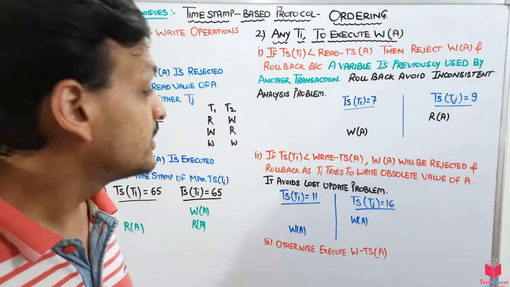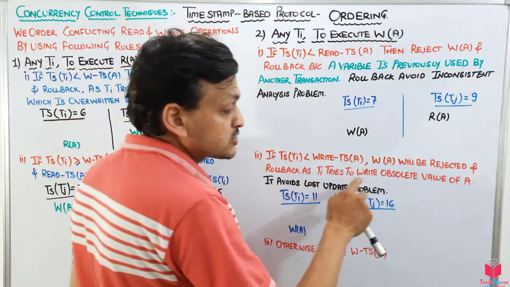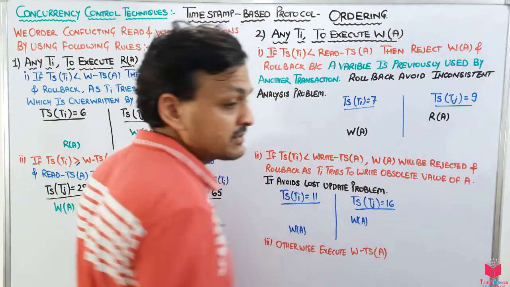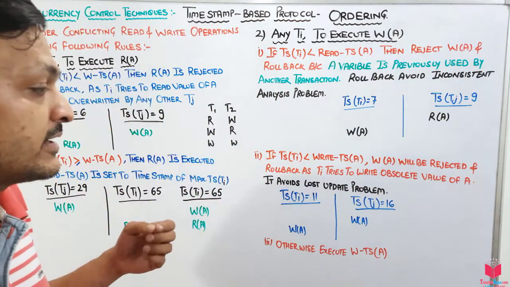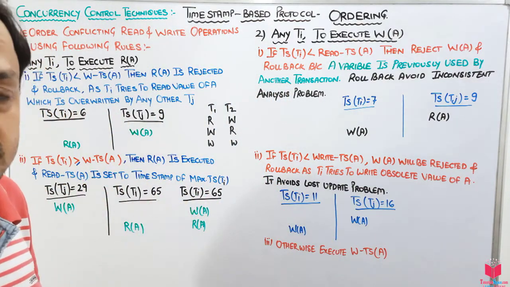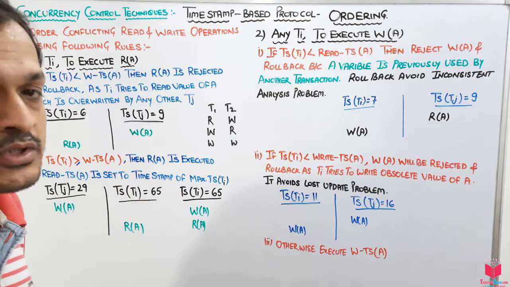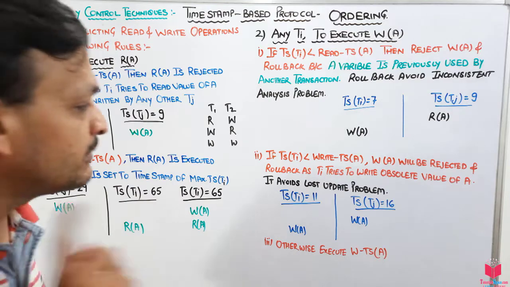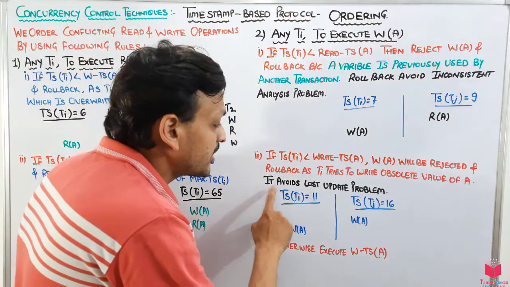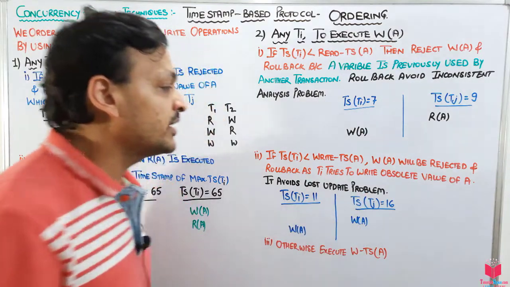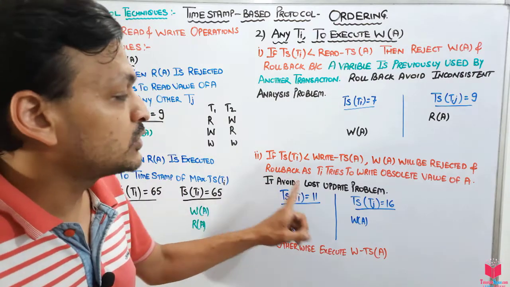We roll back because Ti tries to write an obsolete value of A, that is, a value already overwritten by another transaction on that variable. So it avoids the lost update problem.